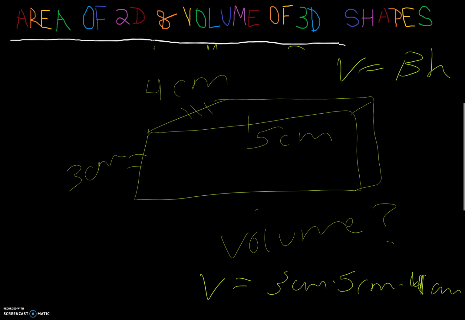You'll usually be given all 3 of these. So it's going to be 5 times 3 times 4. I'll go ahead and tell you that's 60. And then we multiply our units, which is centimeters cubed. So in this case, our volume is just going to be, for a rectangular prism, length times width times height.